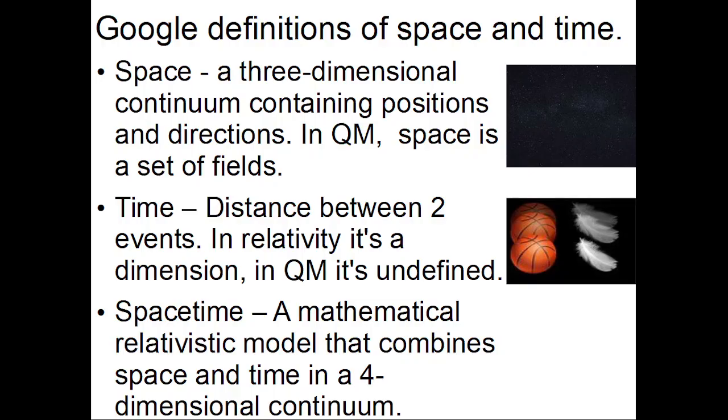Time is defined as a measure of the interval between two events, although in relativity it's a dimension, while in quantum mechanics, time is undefined except to say it may arise from entropy. As for spacetime, it's a relativistic mathematical model that combines space and time in a four-dimensional continuum, but mass can bend this mathematical model.